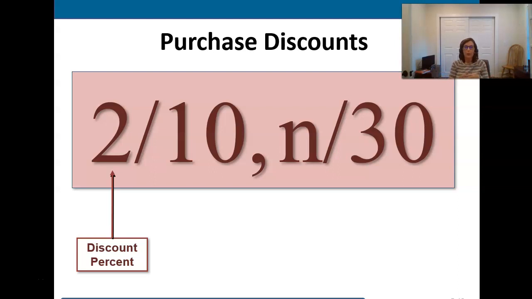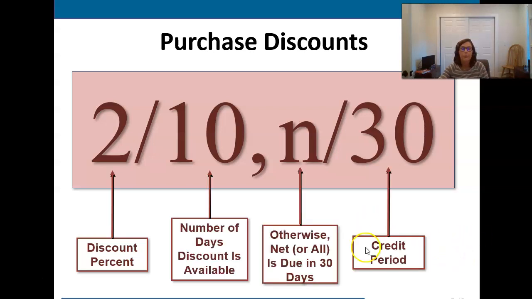The first number is the discount. So the 2 is the percentage point. So they're going to get a 2% discount if they pay in 10 days. So that's the 10. If they don't pay in 10 days, then the net, in other words, the whole amount, is due by day 30.